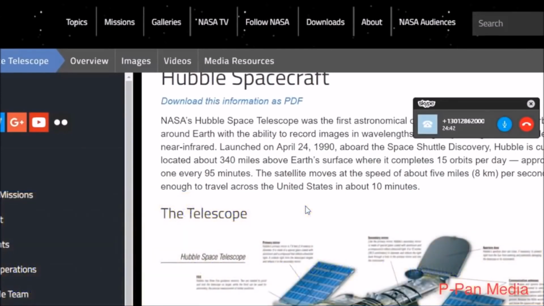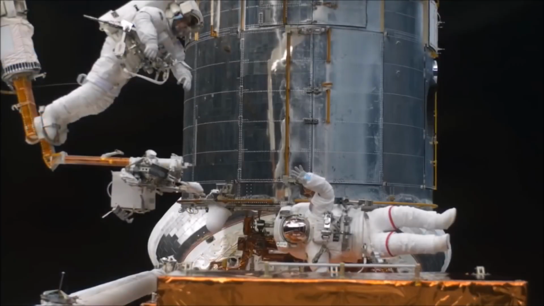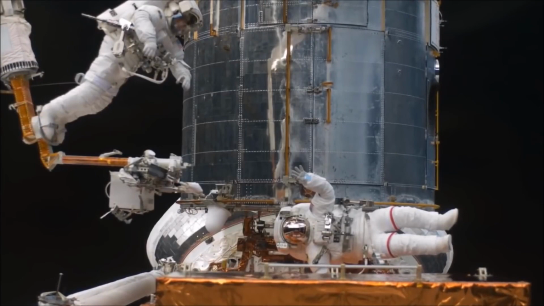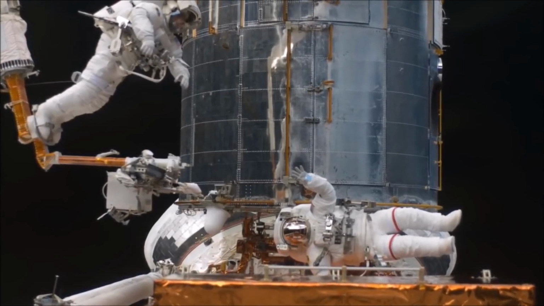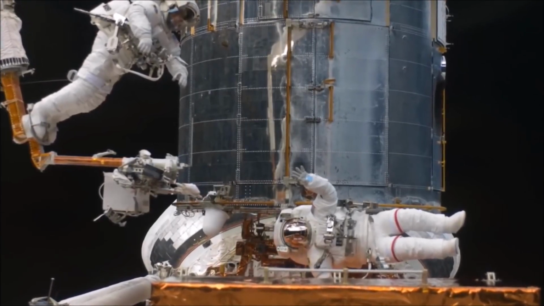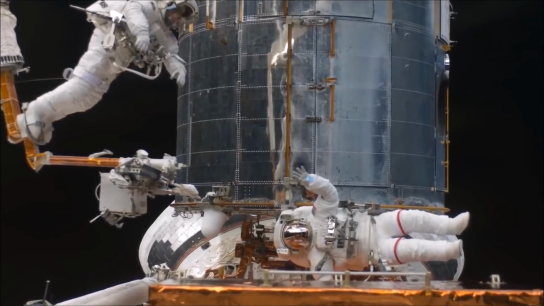I agree with you on that because I looked at the servicing missions, and it seems as though each servicing mission, Hubble dropped down based on its 15 orbits a day.